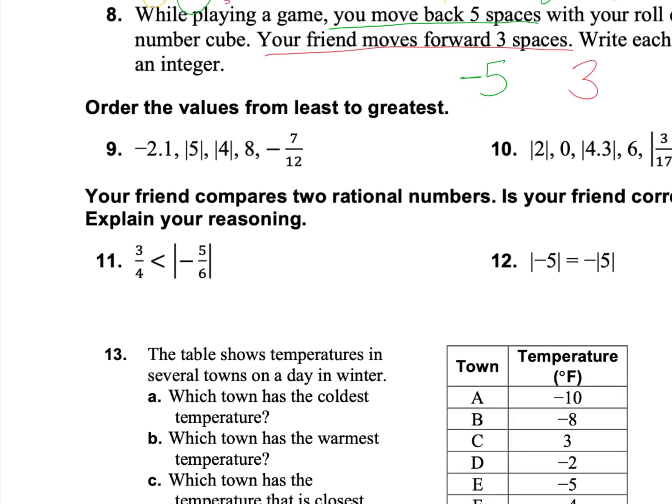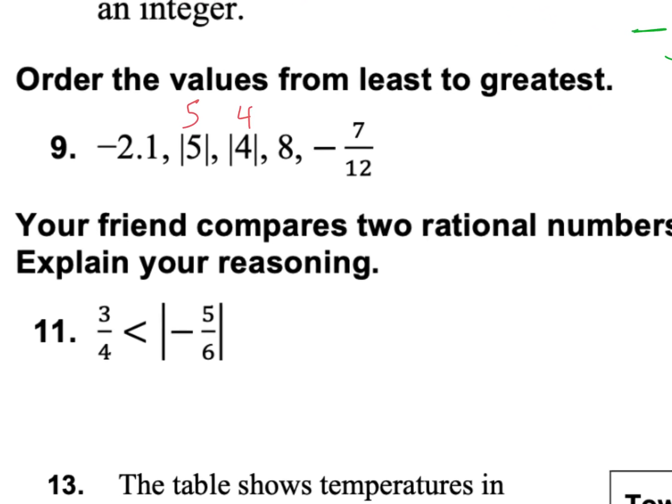Order the values from least to greatest. Okay, well, first thing I'm going to do is say that that's 5 and that's 4 because, well, I mean, they are, right? And then I technically want to convert and think, okay, which one is the smallest? That guy is the smallest, so we're going to go negative 2.1. And then negative 7/12.